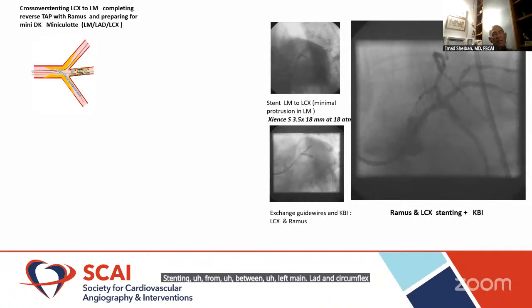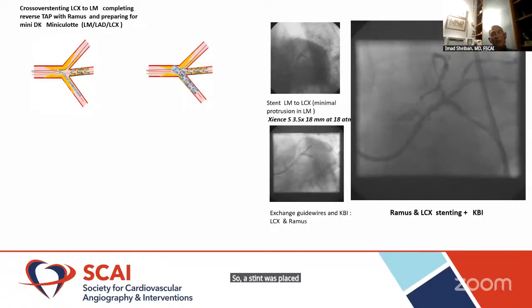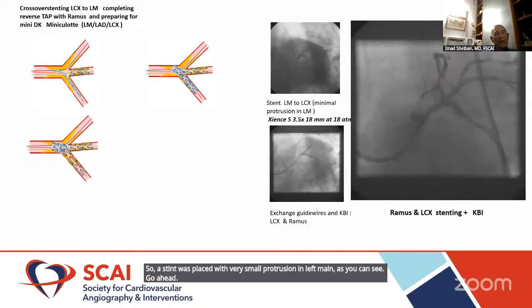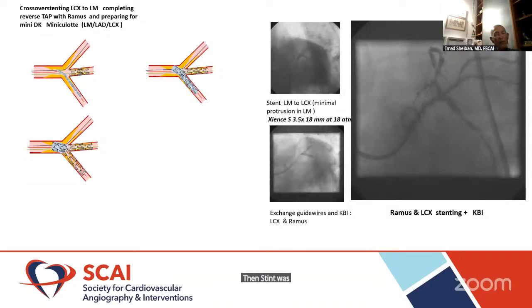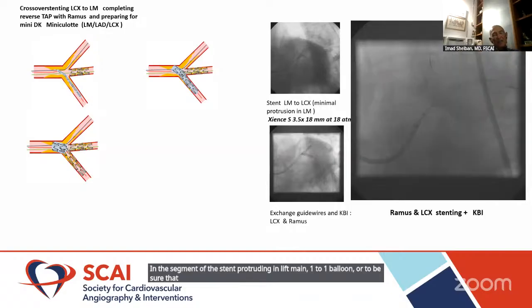So the stent was placed with very small protrusion in left main, as you can see. Then the first step was done in the segment of the stent protruding in left main, with a one-to-one balloon in order to be sure that the position of the stent in left main was okay before fenestrating the stent.